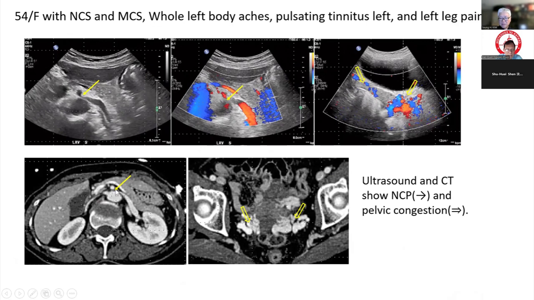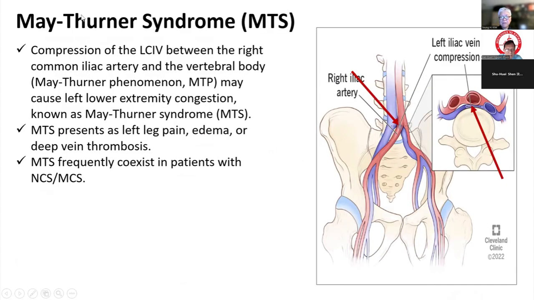This is a CT scan showing the nutcracker, and the CT scan also shows severe pelvic congestion. Because this patient's symptoms are mainly limited to the left side, we may call this a midline congestion syndrome.